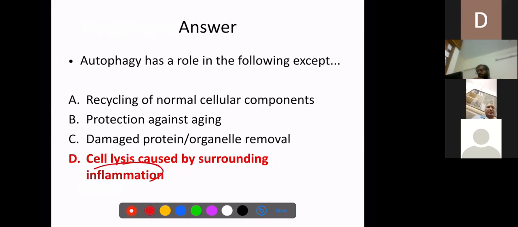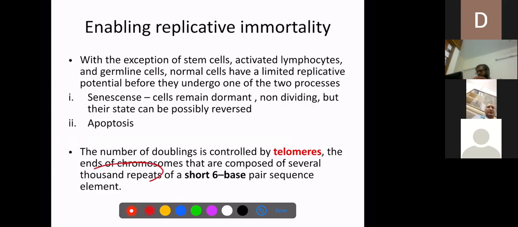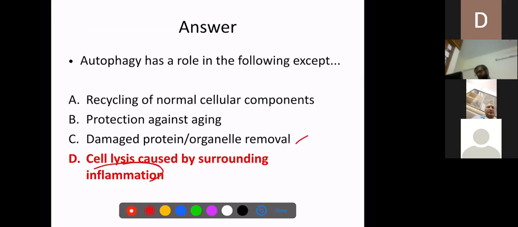Autophagy has a role in recycling of normal cellular components, protection against aging, and removal of damaged proteins and organelles. There is absolutely no inflammation in autophagy and apoptosis. Necrosis has enormous inflammation.